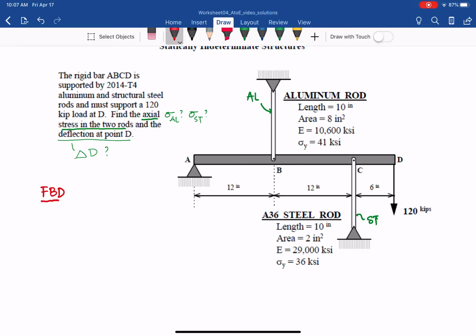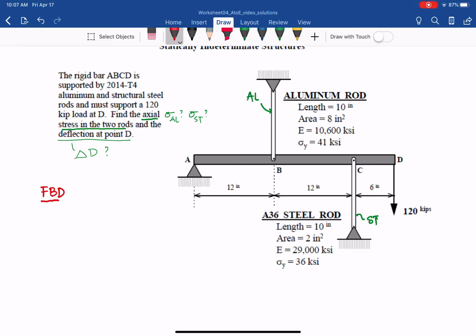So from that, as you can see here, for the aluminum rod, B now goes to B apostrophe. Let me change the color here so that it goes down to B apostrophe. So then C goes to C apostrophe, and D goes to D apostrophe here.